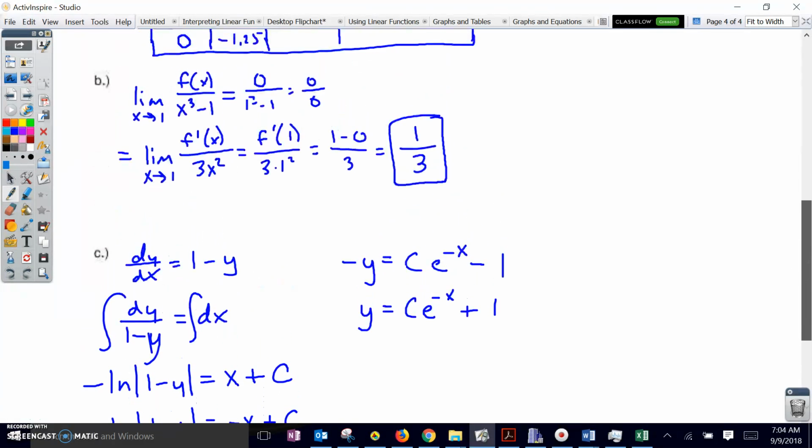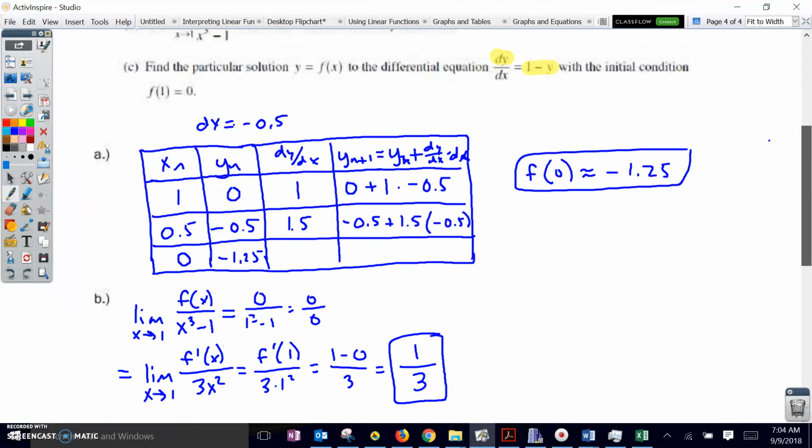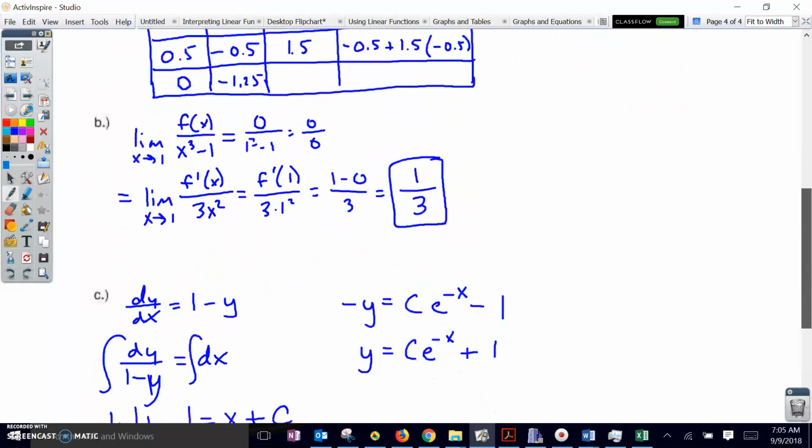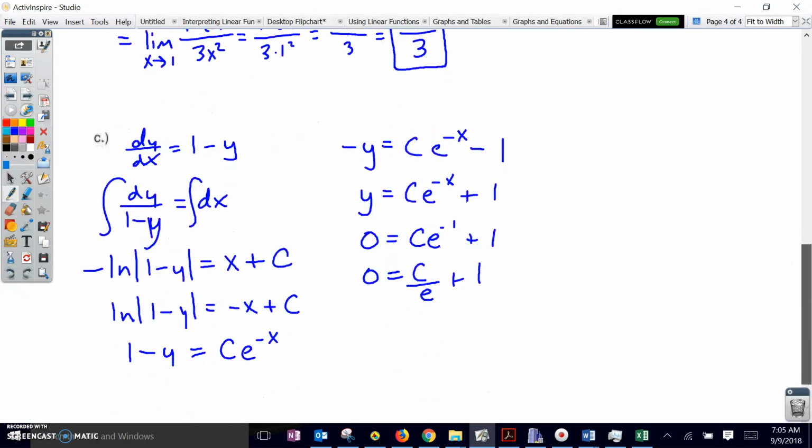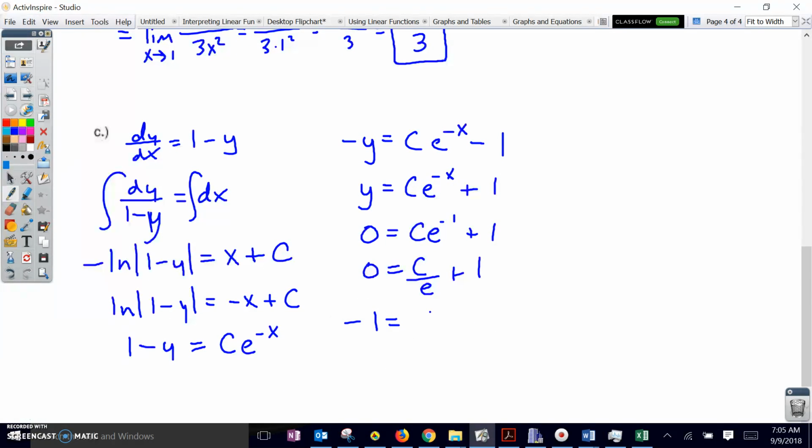And now I'm going to utilize the initial condition to solve for c. The initial condition was that when x is 1, y is 0. So 0 equals c e to the negative first plus 1. So 0 is equal to c over e plus 1. If I subtract 1 from both sides, multiply both sides by e, I get that c is equal to negative e.